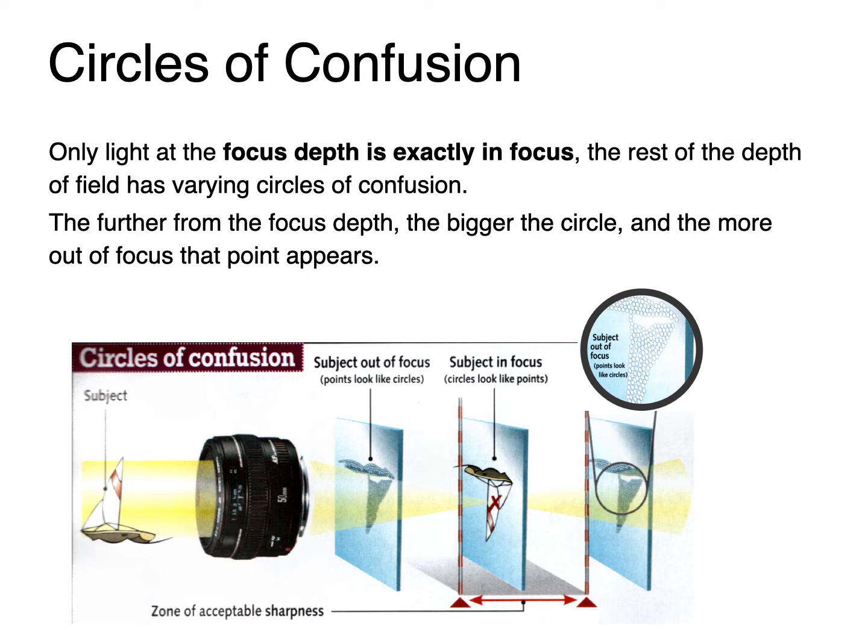If the subject or object stands in this particular field, then it will be in focus. Circles look like points in this zone. Before and beyond it they look like circles, which means the subject is out of focus. This area is known as the depth of field.